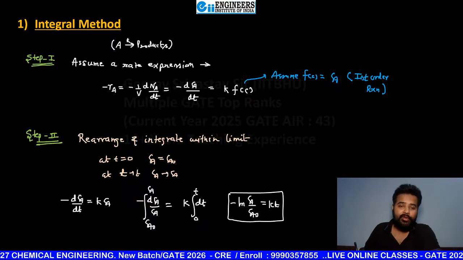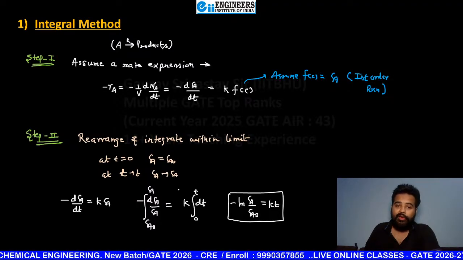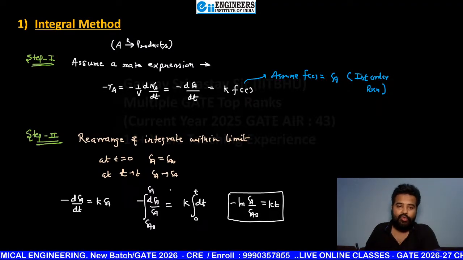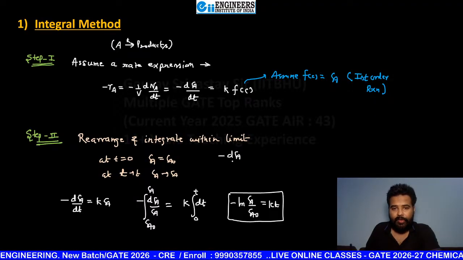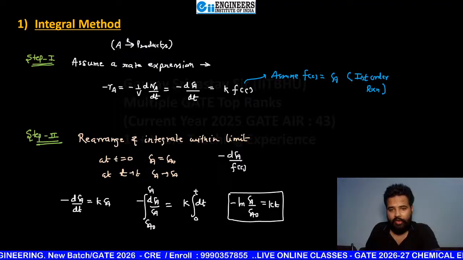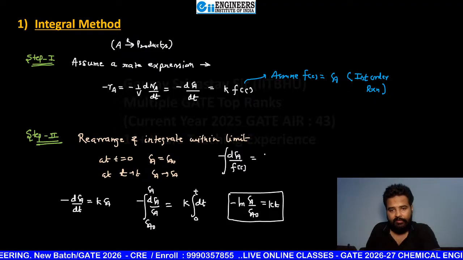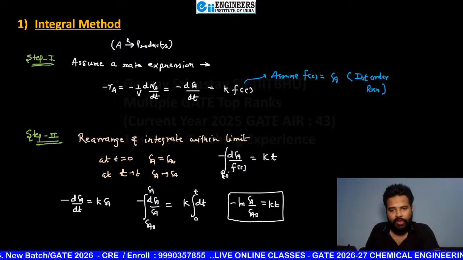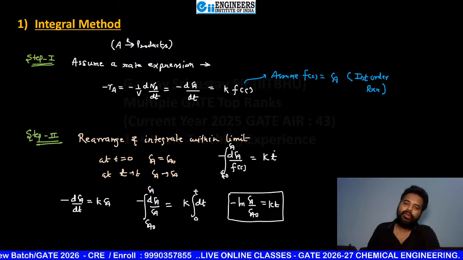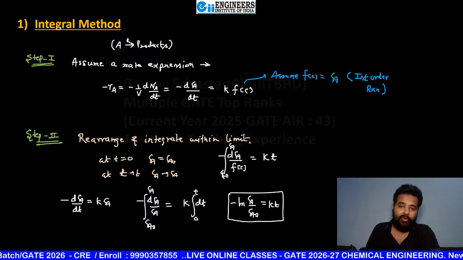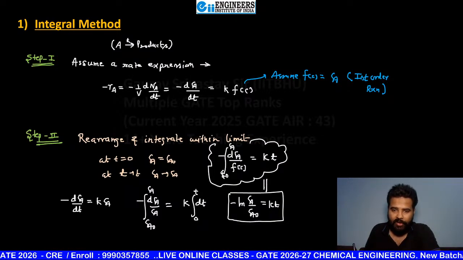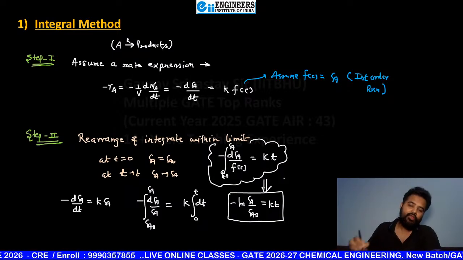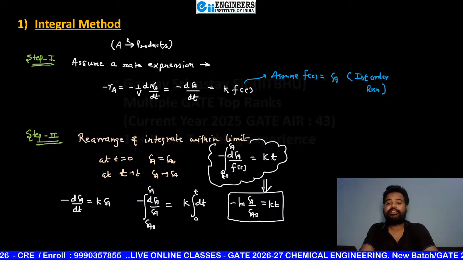If you want to make a universal equation, you can write minus integral of dCa by function of concentration, from Ca naught to Ca, equals Kt. And for this given case, this equation can be written as this equation. So please tell me what are step number 1, step number 2.